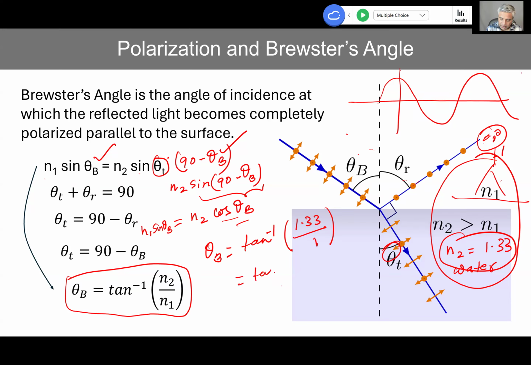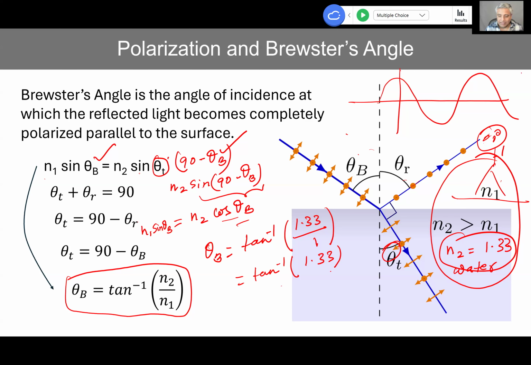Basically it is arctangent of 1.33. I know the tangent of 45 degrees is 1, and this is bigger than 45 degrees, so I guess it's going to be somewhere between 45 and 60.